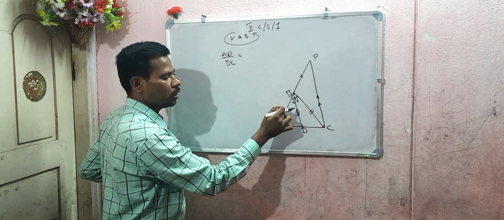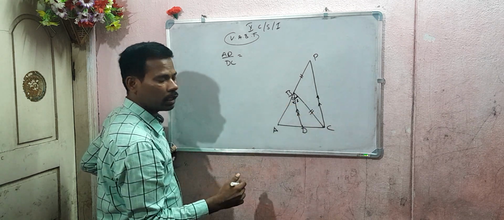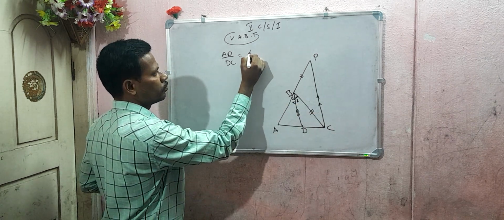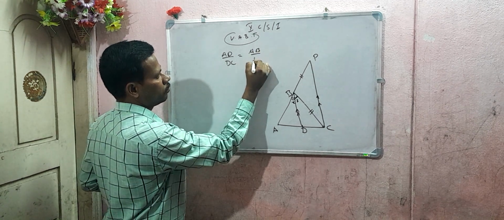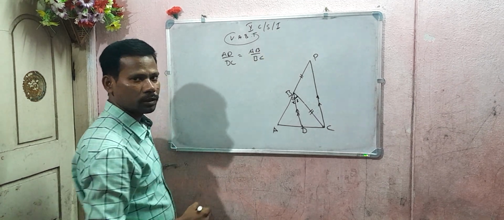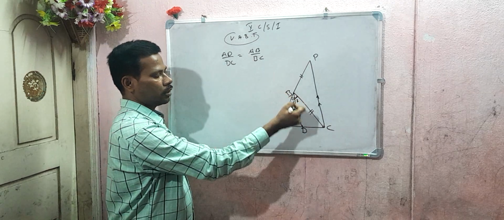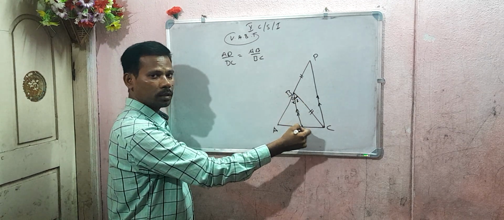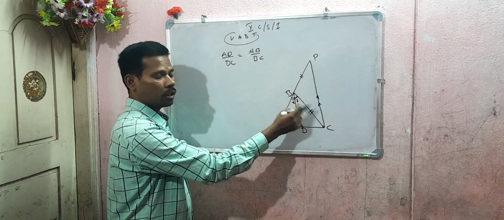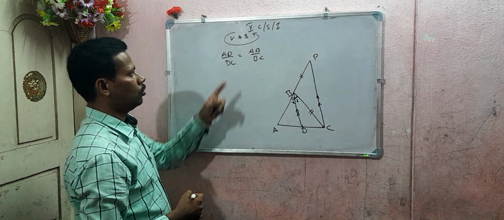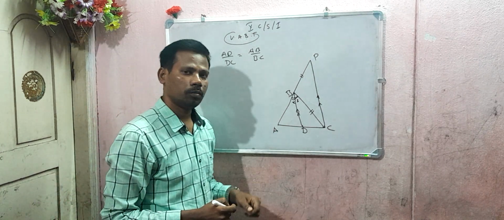This is the base. The other two sides are AB and BC. So the bisector of the vertical angle divides the base in the ratio of the other two sides. So this is what we are going to prove.